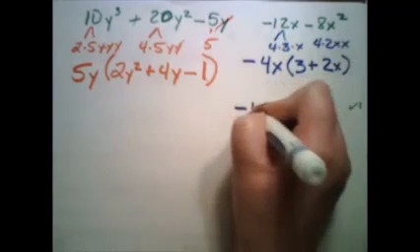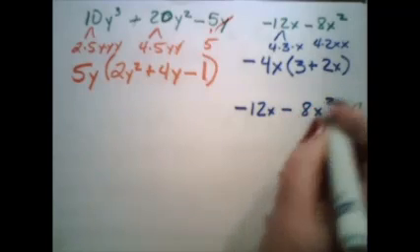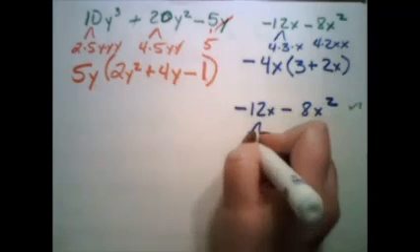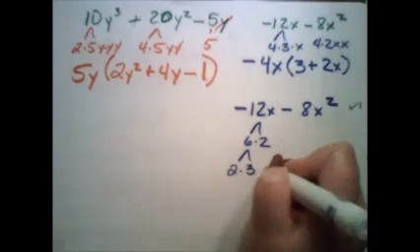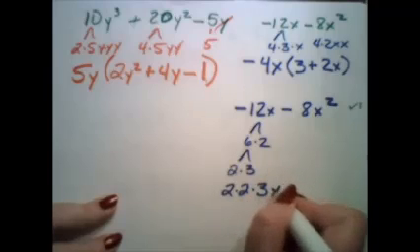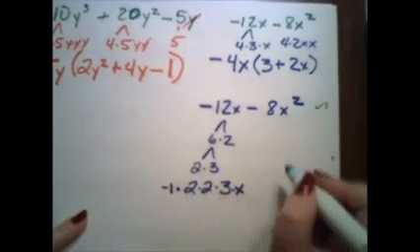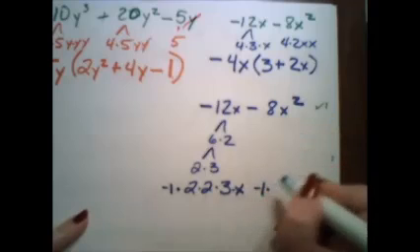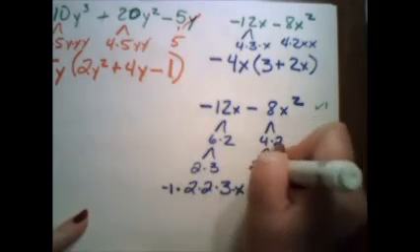Let me do it the long way in case I've lost anybody. This is 6 times 2, which is 2 times 3. So I've got 2 times 2 times 3 times x times negative 1. Here I've got negative 1 times 4 times 2, which is 2 times 2.